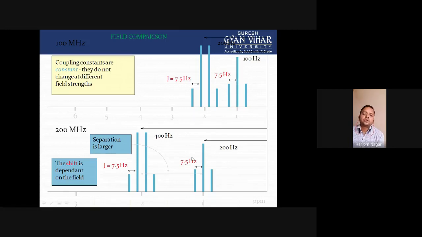There is no effect of these factors on the interactions of the neighboring protons. But the chemical shift value depends on the field strength. Chemical shift value depends on the field strength, but not the coupling constant.